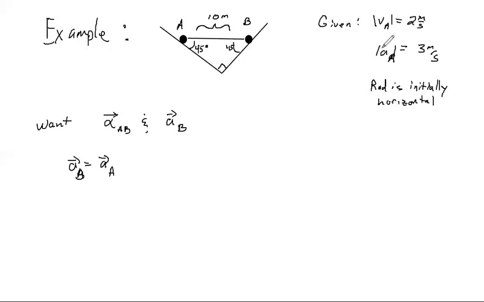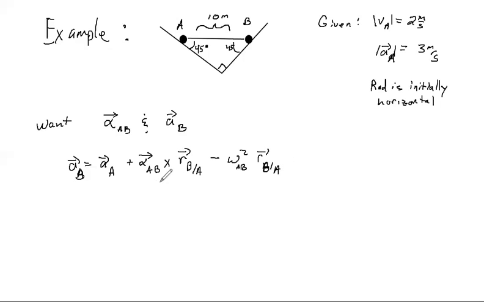Up here, I just had the magnitudes. And then I have to work out the relative acceleration portion, and that's going to have a tangential term, minus the centripetal term. Right, B relative to A.